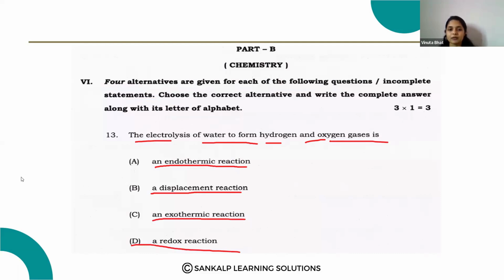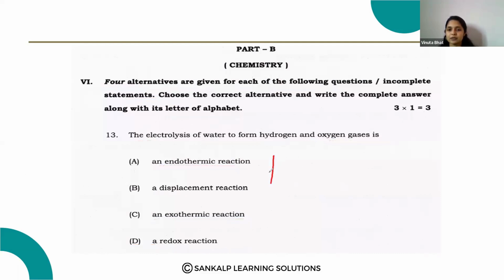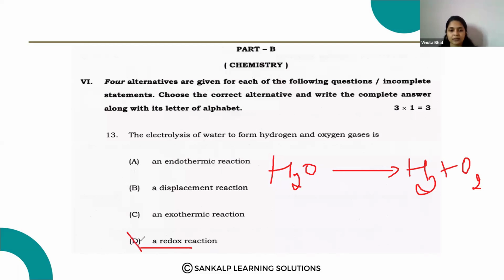Here we can write the reaction: electrolysis of water splits into H2 plus O2. A redox reaction means oxidation reduction, but in this reaction there is no oxidation reduction, so this is the wrong answer.